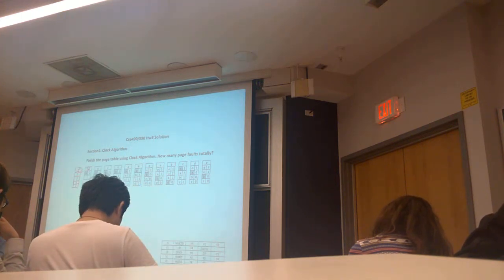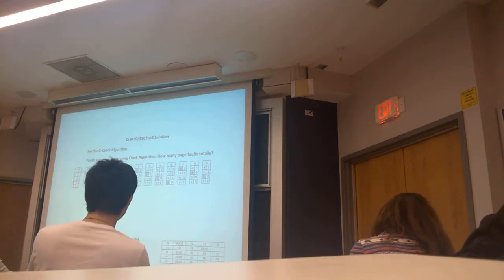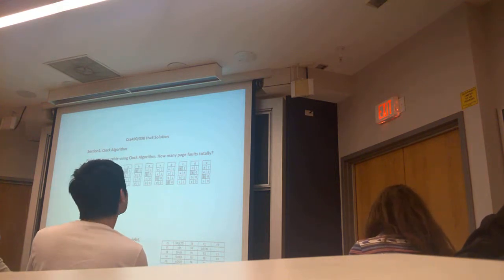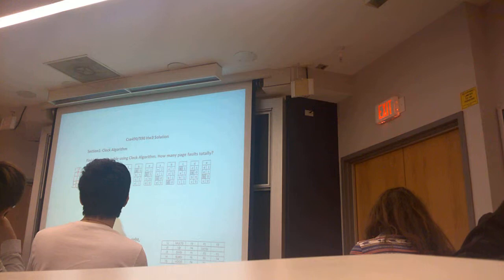It's very close to the cache miss, right? When we power off the cache, the cache is empty, and every access will be a miss, and we call it a cold start cache miss. The same here. This is a cold start page fault.